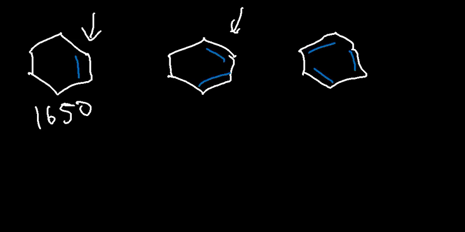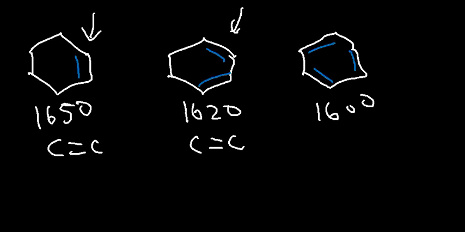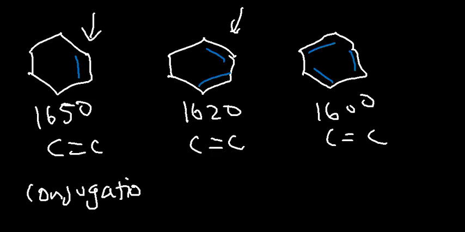This conjugated diene is a little bit less, 1620. And for the aromatic ring, it's 1600. And we're talking about the C=C double bond stretch for each of these examples. And so as you can see, the more conjugation you have, the wave number goes down. It decreases. They're inversely related.